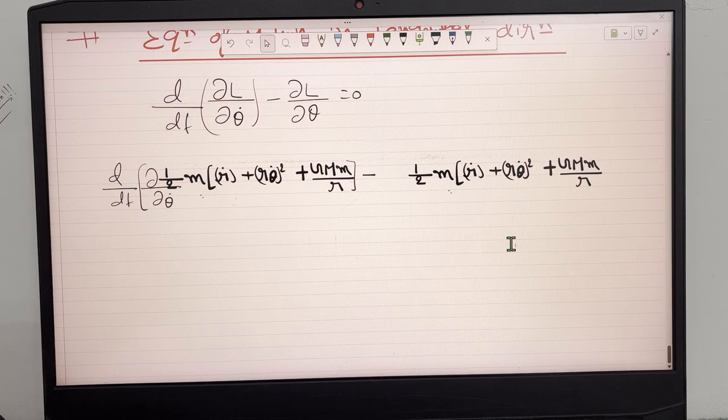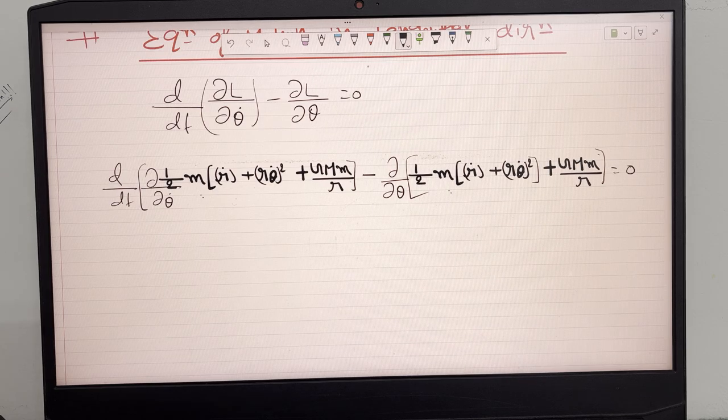So this will be your dou by dou theta of this, not this, right, is equal to 0.